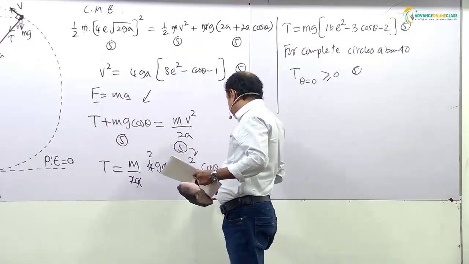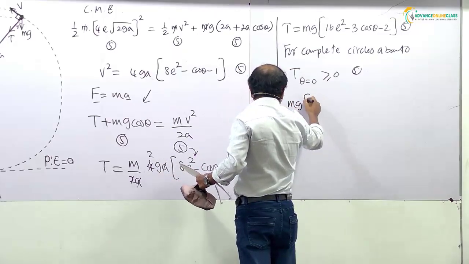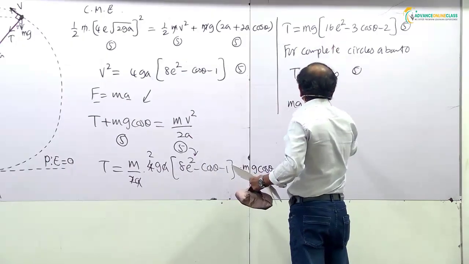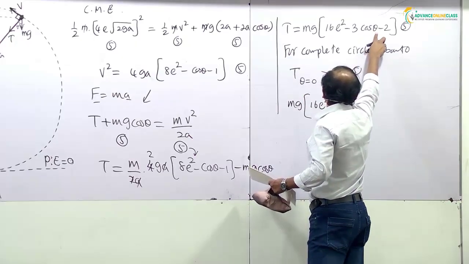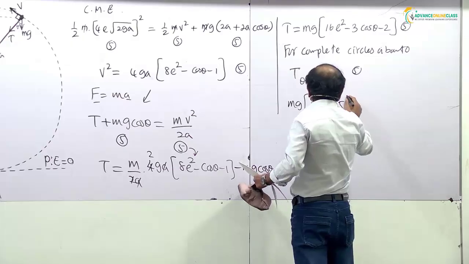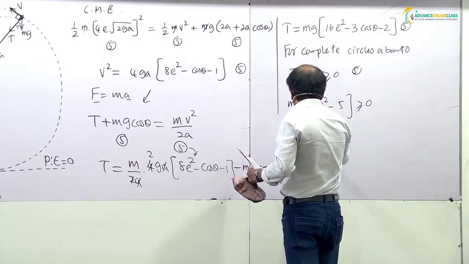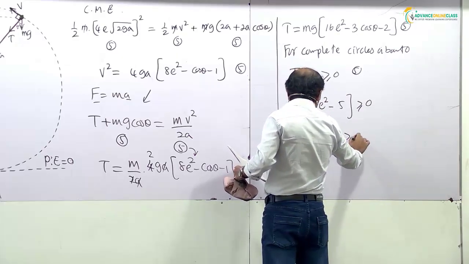Put theta 0 here: mg times (16e squared, cos 0 is 1, minus 5) greater than or equal to 0. mg is not 0, so 16e squared minus 5 is greater than or equal to 0.